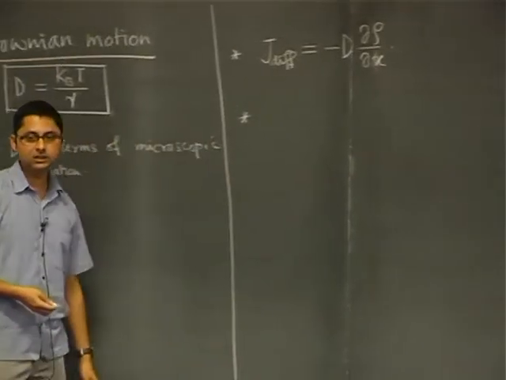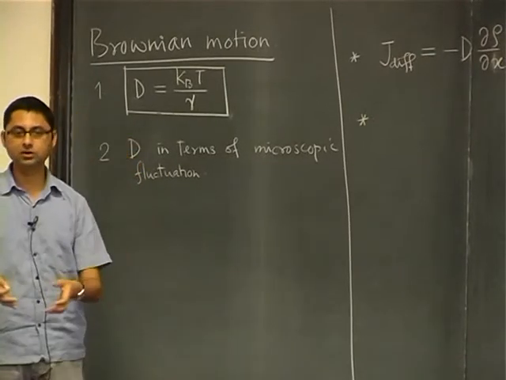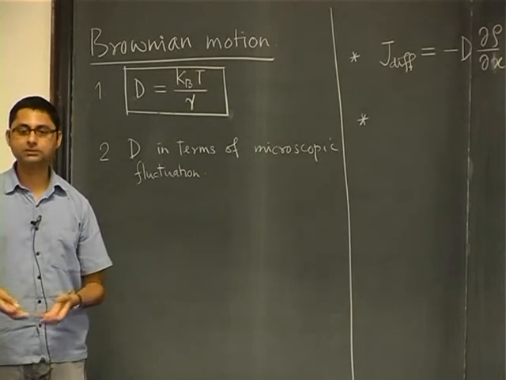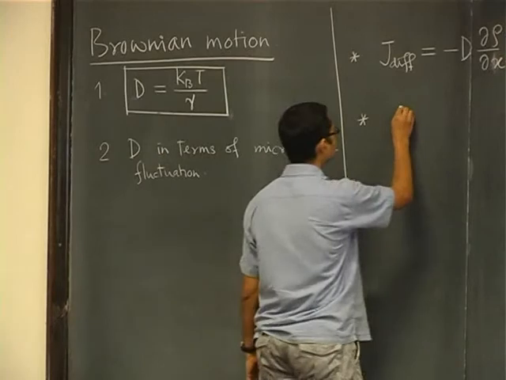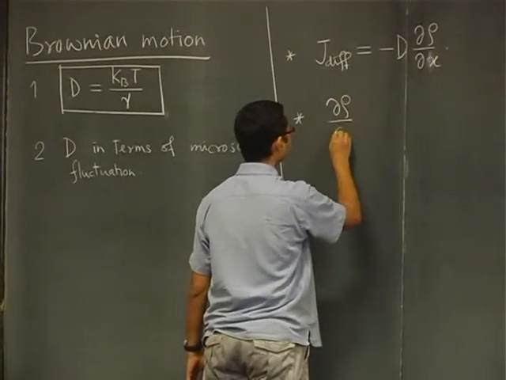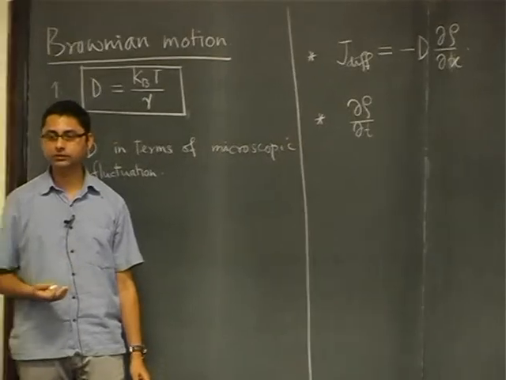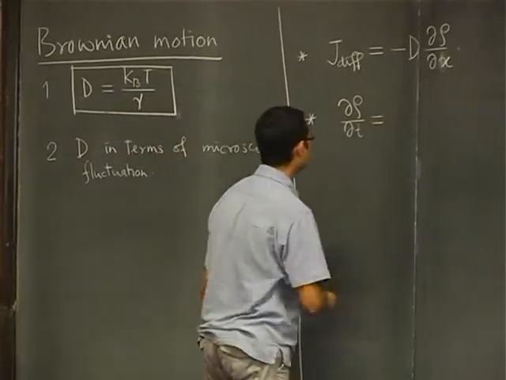So the second is, again we have seen in this class that if there is no sink or source, then the particle number must be conserved, right. So this conservation of the particle number or particle density gives a relation which is called the continuity equation, right. This was also derived in this class.